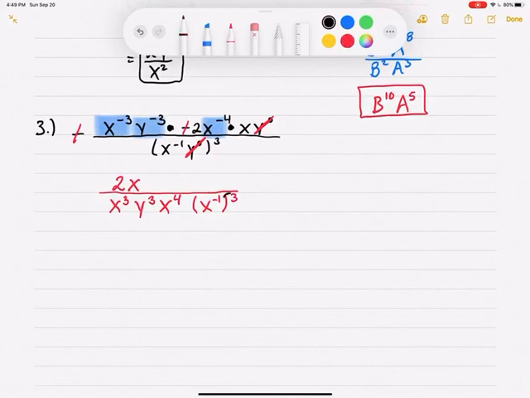If I distribute that power, I have 2x over x to the fourth and x to the third and x to the fourth become x to the seventh. I have y to the third, and I have x to the negative 3 power. If I combine my x's, x to the seventh and x to the negative third become x to the positive fourth.